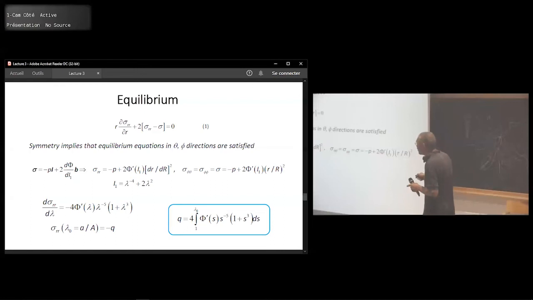Remember r over capital R is lambda. So in order to integrate this equation, I change the variable to lambda, and now this equation is just an ordinary differential equation in lambda, with the boundary condition that on the surface of the hole, sigma r is equal to minus the pressure, right?